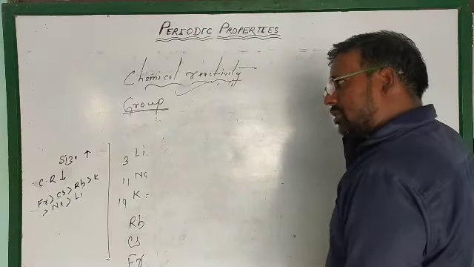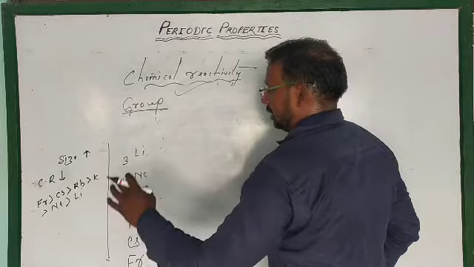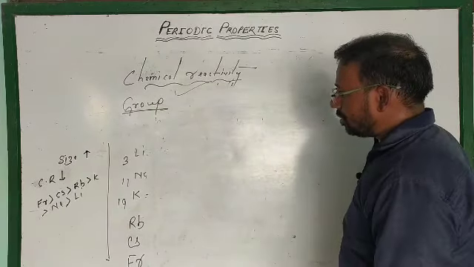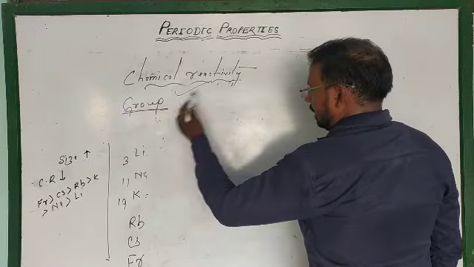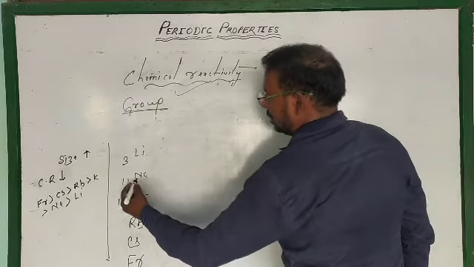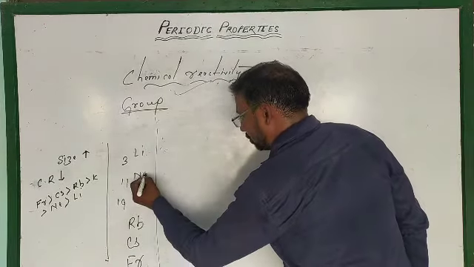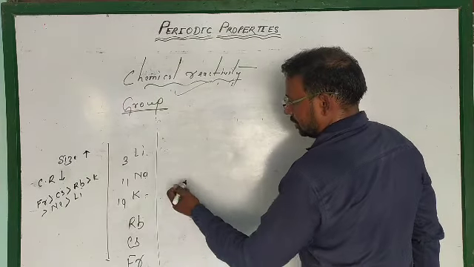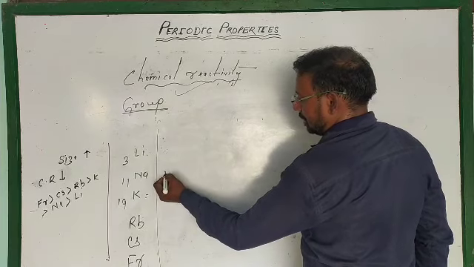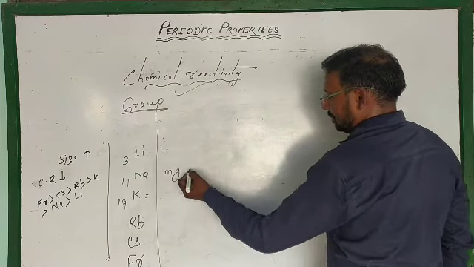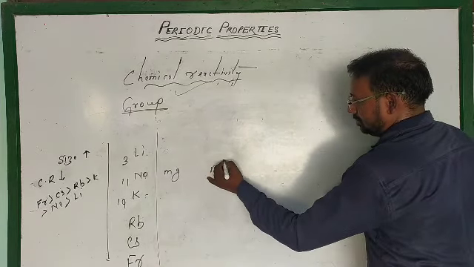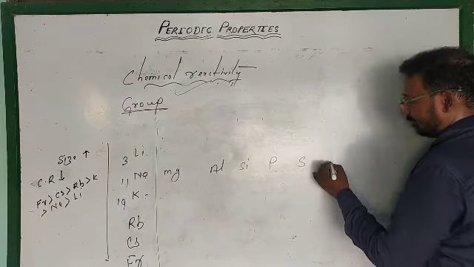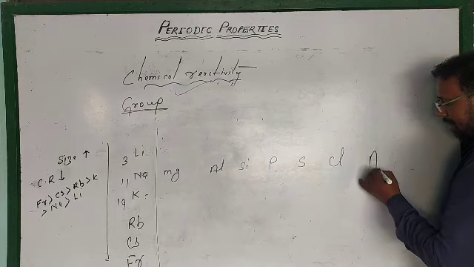Now in the case of period, we'll talk about hydrogen, helium, lithium, sodium, potassium. Okay, now I am talking about the sodium group, the third period: sodium, magnesium, aluminum, silicon, phosphorus, sulfur, chlorine and argon.